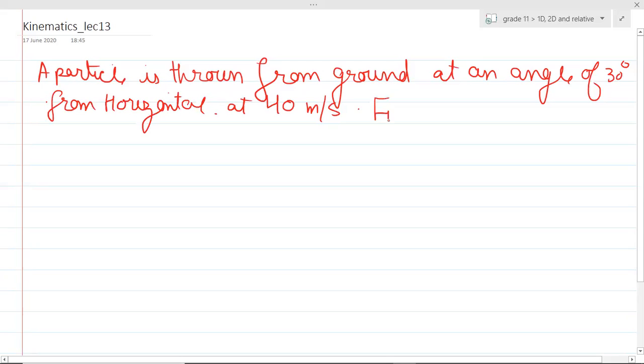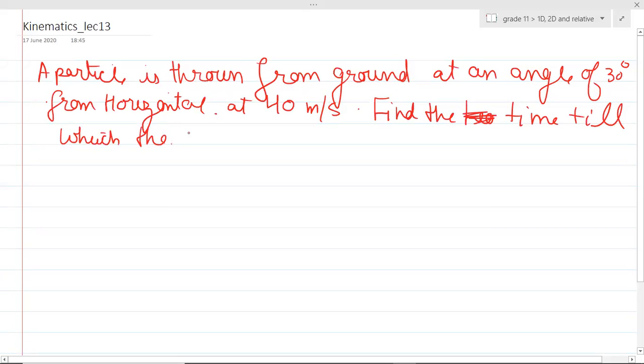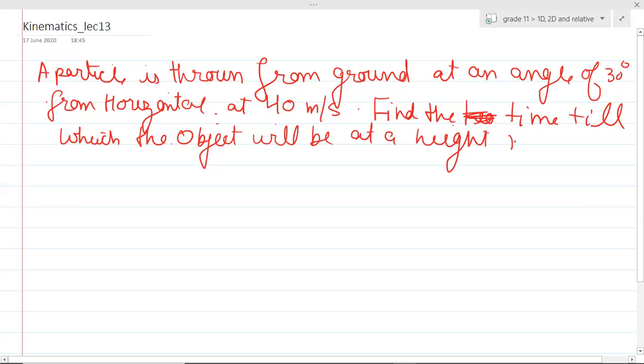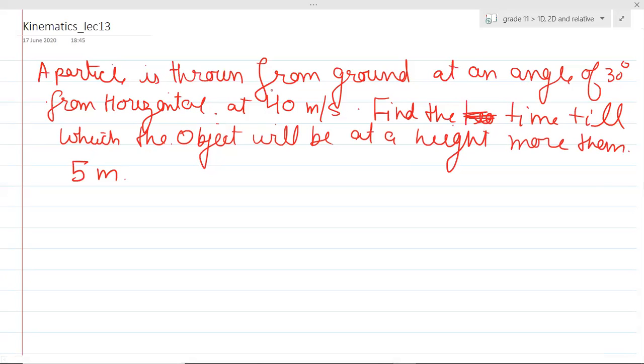Now you need to find the time till which the object will be at a height of more than 5 meters.